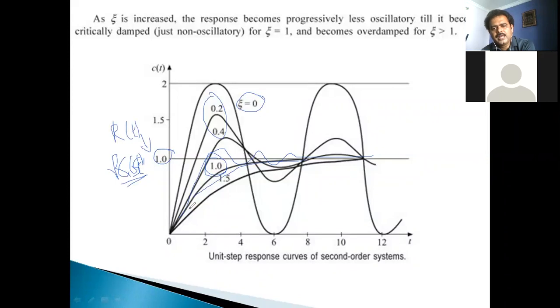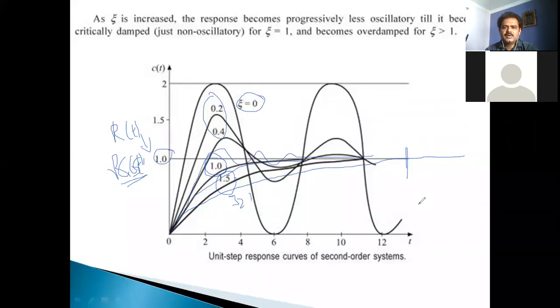As we increase further, that is the overdamped case, zeta greater than 1, the system becomes very slow. That means it takes more time to reach its final value. It is a very slow system, also called a sluggish system.